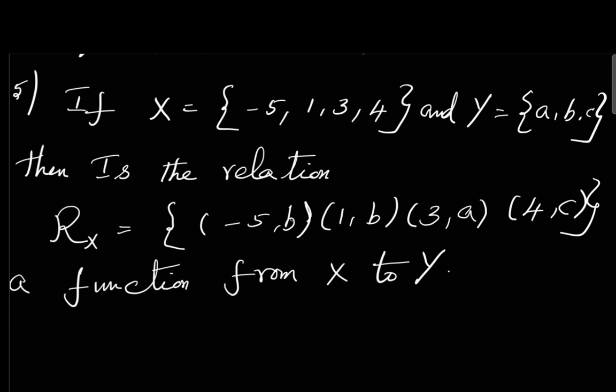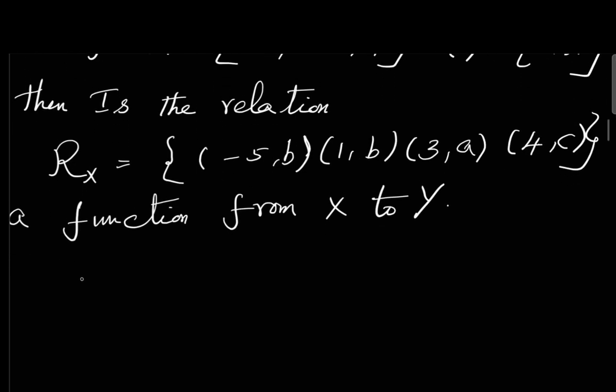Minus 5 is mapped onto b from the set Y. Then 1 is mapped onto the element b, that is from the set Y. 3 to a, that is also from the set Y. Then 4 is mapped onto c from the set Y. See here, each element of X has a unique image in Y. Therefore, R is a function.